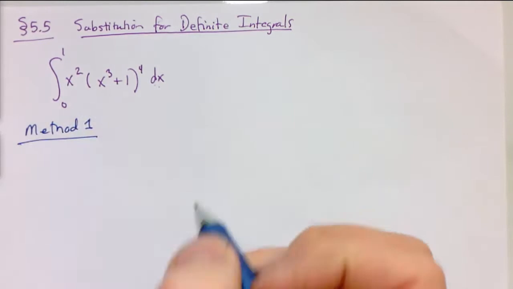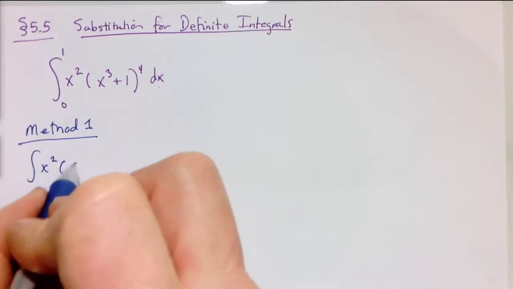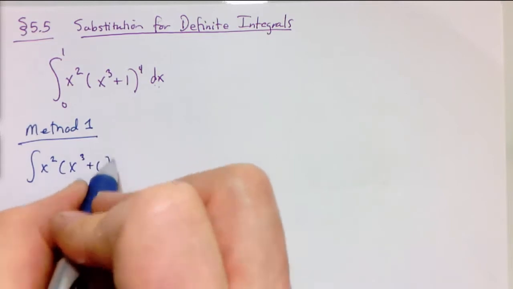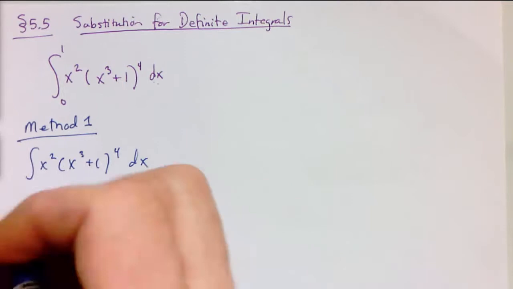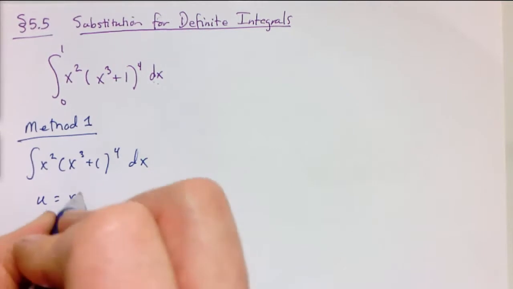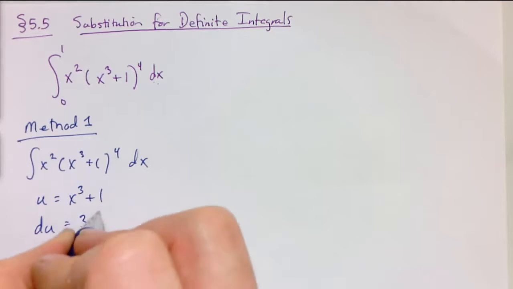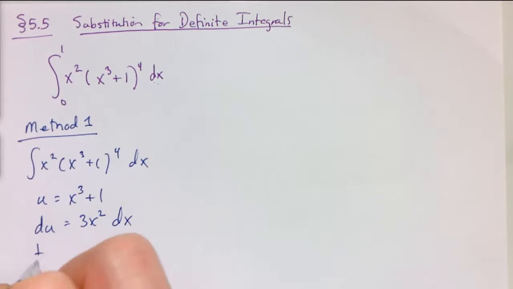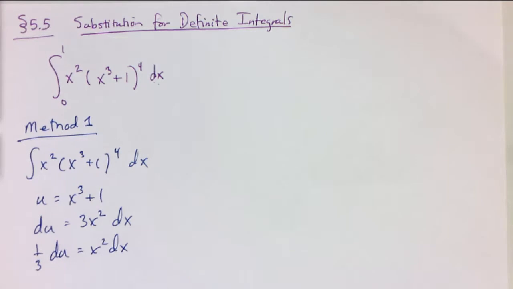is just to work out the indefinite integral first. So we're going to do a separate problem to find the antiderivative. So our u substitution, u equals x cubed plus 1, du is 3x squared dx, 1/3 du is x squared dx.